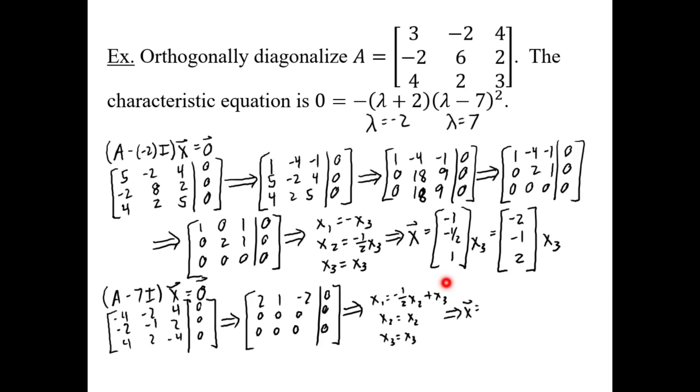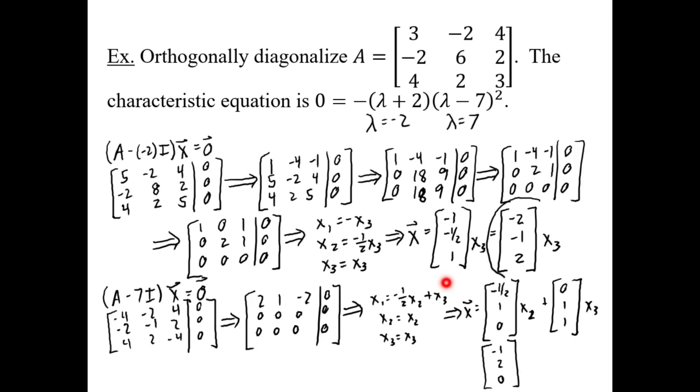So x is equal to -1/2, 1, 0 times x2, excuse me, plus 1, 0, 1 times x3. And again, just to make life easier, I'm going to multiply this first vector by 2, so it becomes -1, 2, 0.